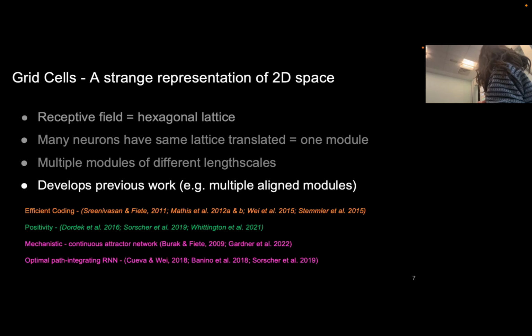The other ones, I guess a lot of these approaches struggle to get multiple modules. Sorscher gets them, but only because of a discretization of his position grid, I believe. So you get things like root 2 and root 5, but only because that's the nearest neighbors on a square grid, things like that.